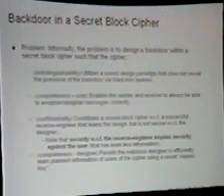So the following is a definition of a robust backdoor in a secret block cipher. This is quite a bit different. This is a cipher that's declared secret, that's never published anywhere, that's deployed in a tamper-resistant environment. And the completeness definitions here are the same for user and for the designer. However, the other two are different. So confidentiality here, because it's already a secret cipher, confidentiality must hold against what we call the reverse engineer.